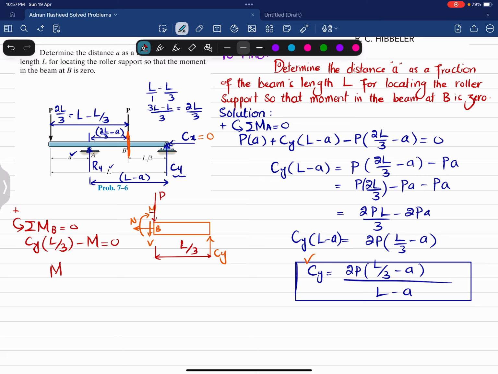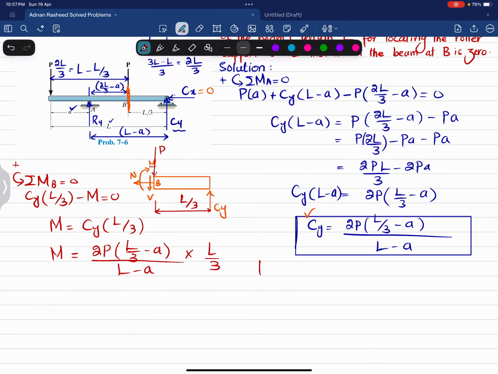Now we have M equal to Cy into L by 3. The value of Cy is 2P into L by 3 minus A divided by L minus A, into L by 3. This is the equation of moment.